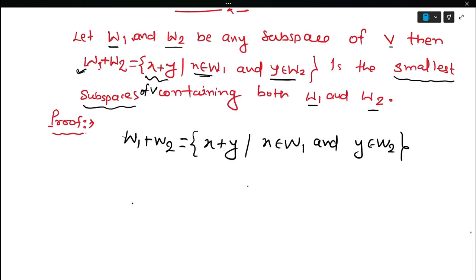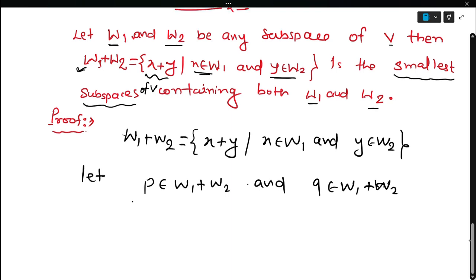Now we will show this is a subspace of V. Take any two elements, let's say p belongs to W1 plus W2 and q belongs to W1 plus W2.